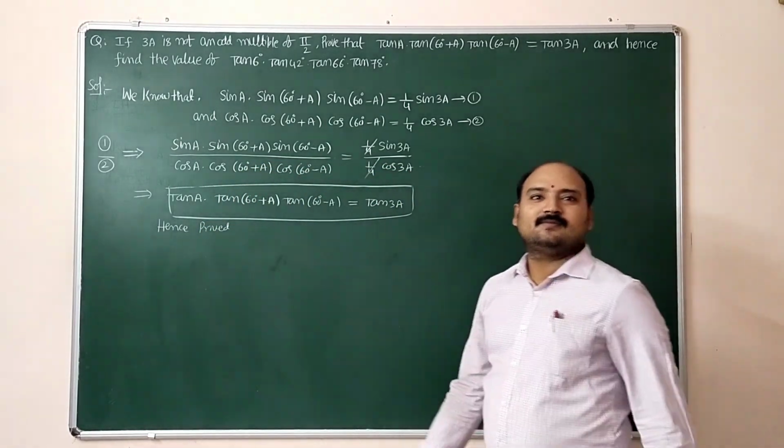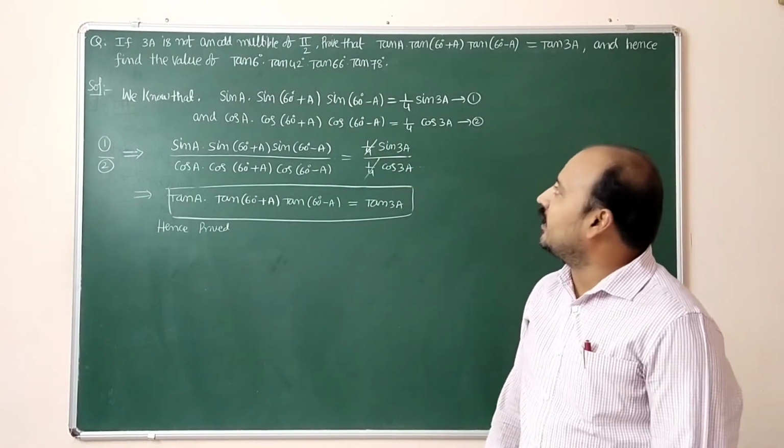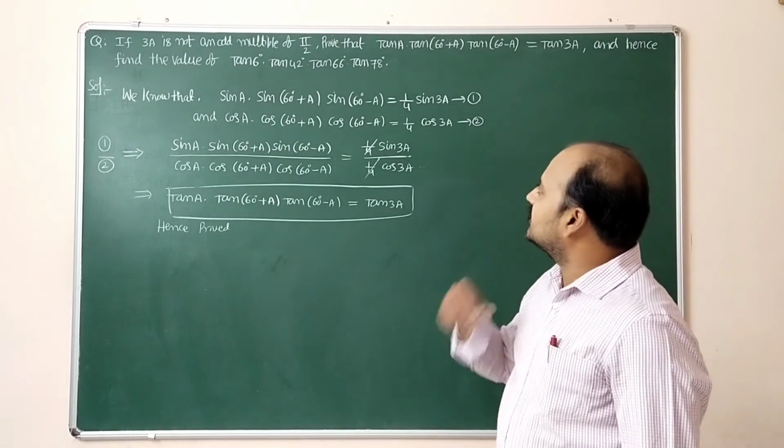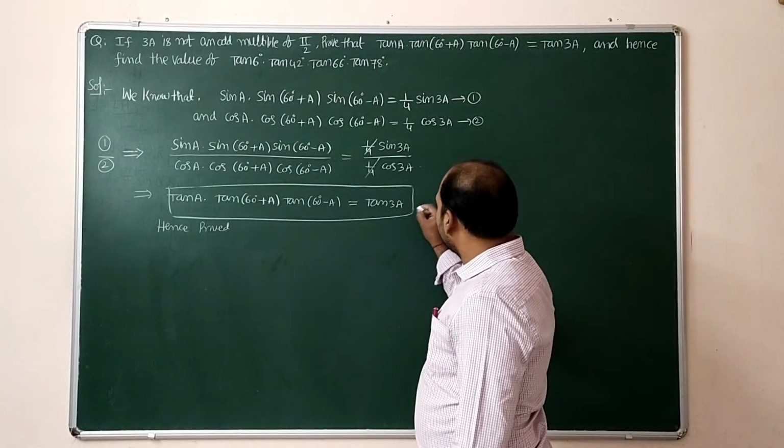After that, they are asking to prove this result also: tan 6 degrees, tan 42 degrees, tan 66 degrees and tan 78 degrees. You put the above result as result number 3.